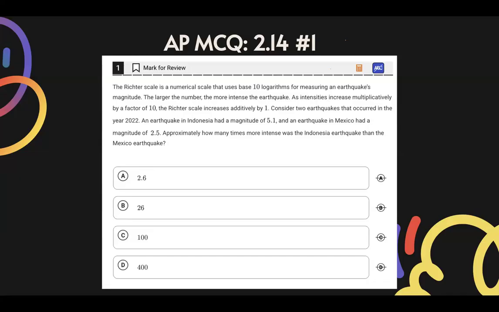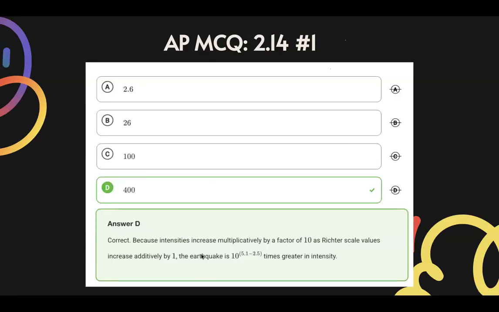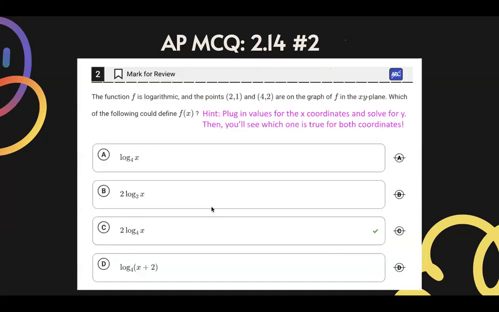At that point, we're just figuring out how much more intense the actual earthquake was. So even though you have a calculator for this one, you could still do this without a calculator just by setting it up. Again, you can see this right here, understanding that the Richter scale is our exponential function with a base of 10.